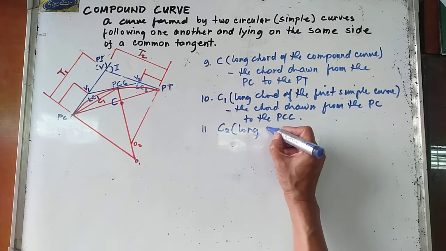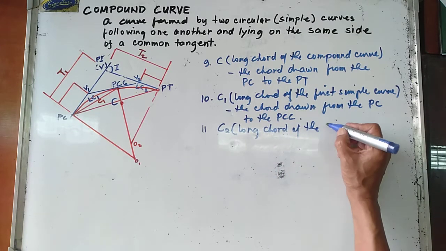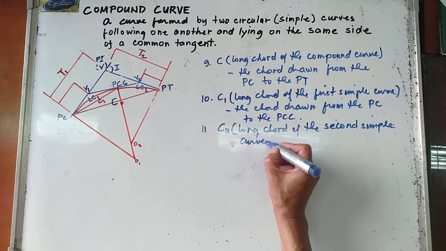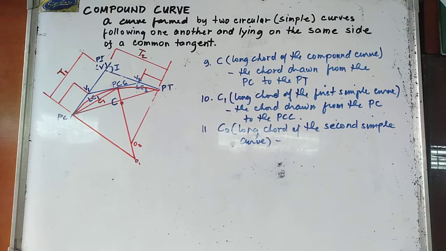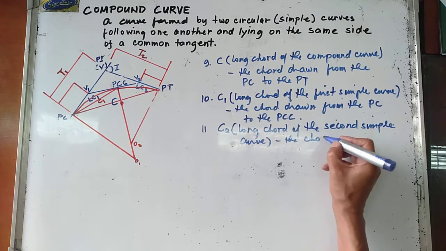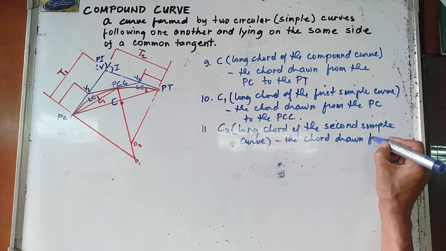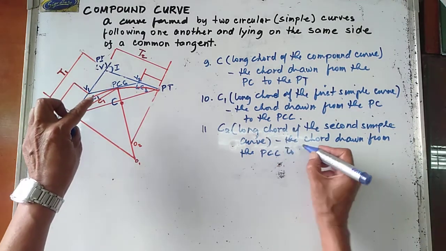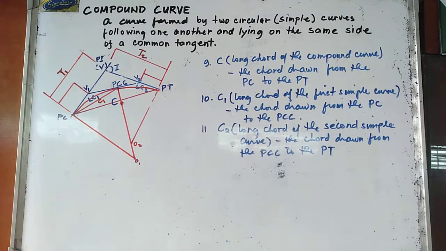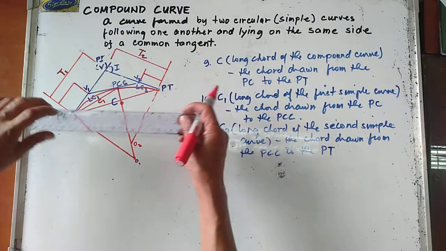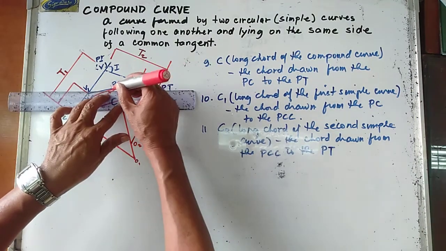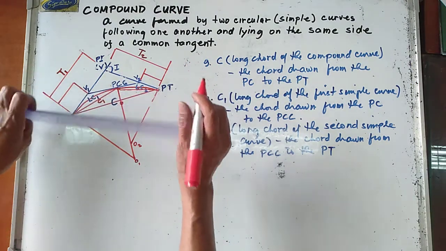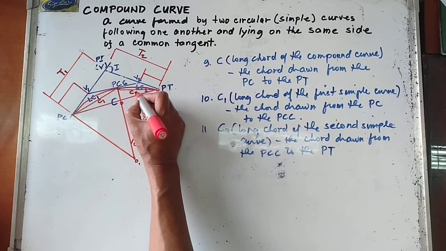That is the long chord of the second simple curve, which is the chord drawn from the PCC of the compound curve to the PT of the compound curve. So this is therefore your C sub 2.